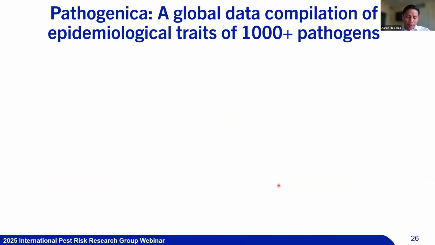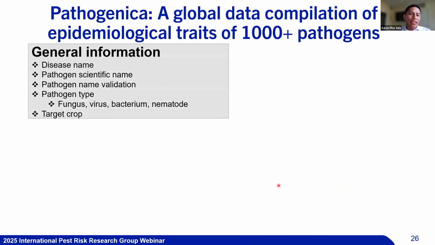So one of the potential limitations for this framework is that information availability is the base. But sometimes there is not much information about the distribution or which hosts are infected by these pathogens.